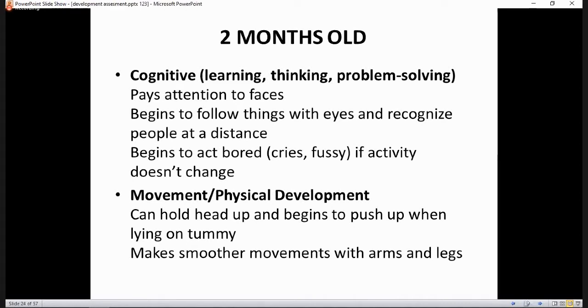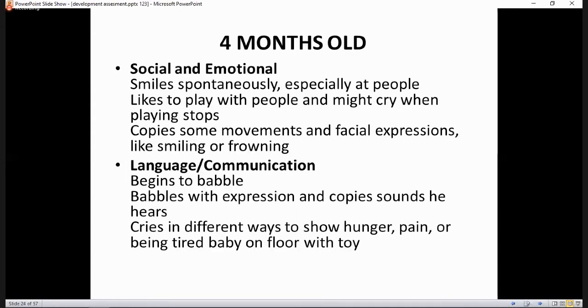Sometimes they get bored, and they will show you by crying or by getting fussy. If you don't give milk, they may be bored. They make you cry. Can hold up and begins to push up, lying on tummy. Sometimes they make smoother movements with arms and legs.